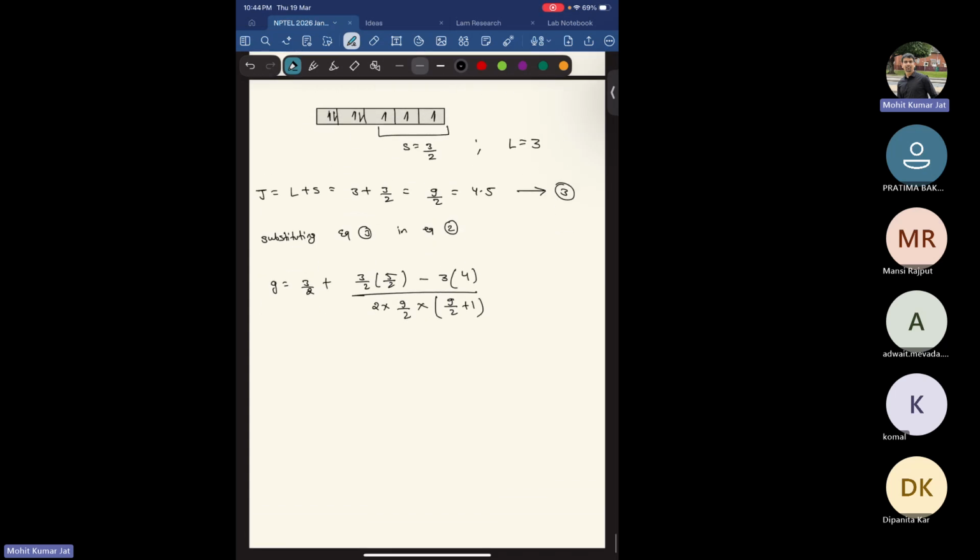So if we solve this equation, it will be 3/2 plus 15/4 minus 48/4, divided by 9 times 11/2.